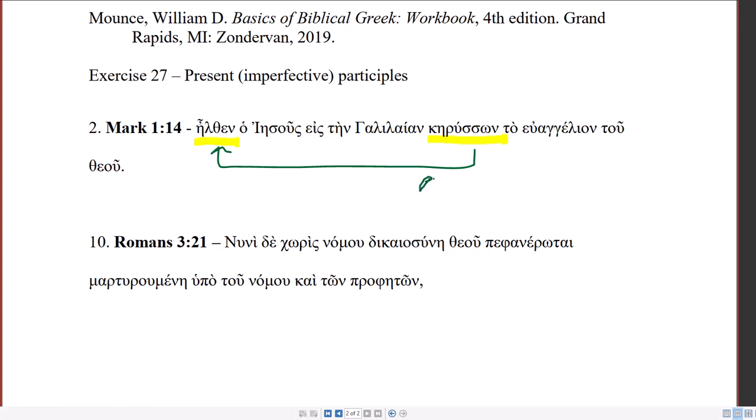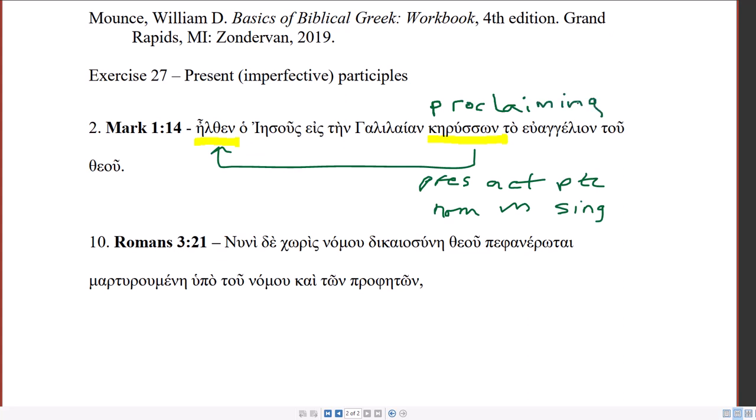Keruson is a present active participle, and it is nominative masculine singular. And so it means proclaiming or preaching. So we say he's proclaiming, and then we need to figure out what he's proclaiming.